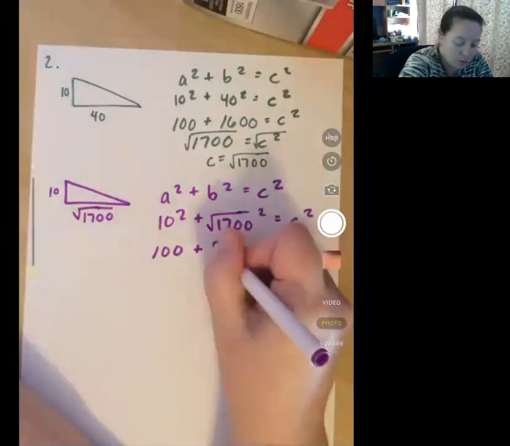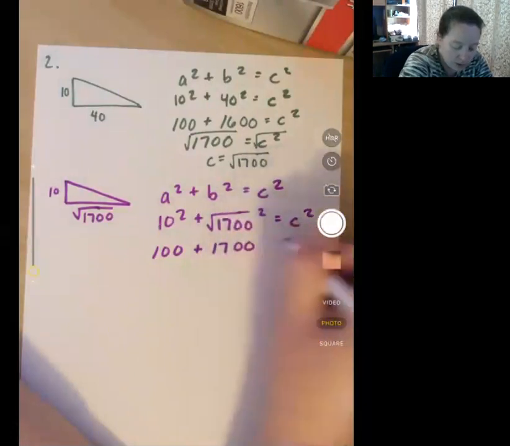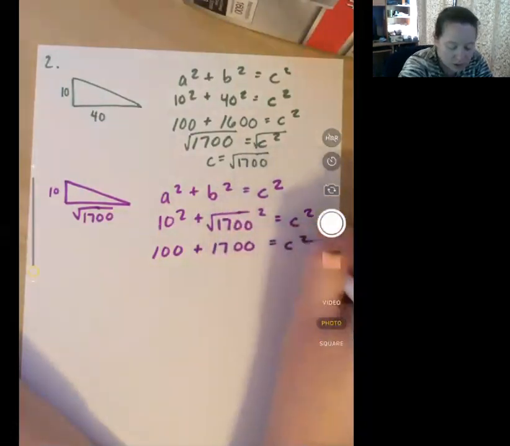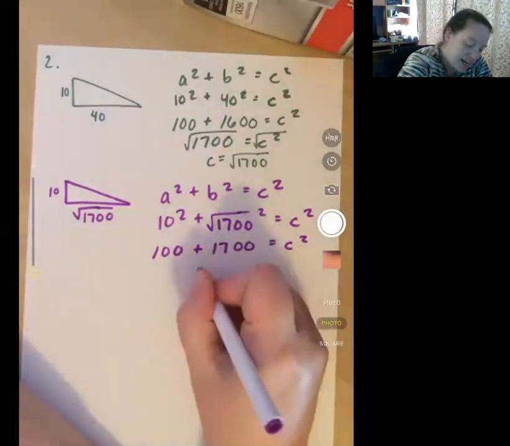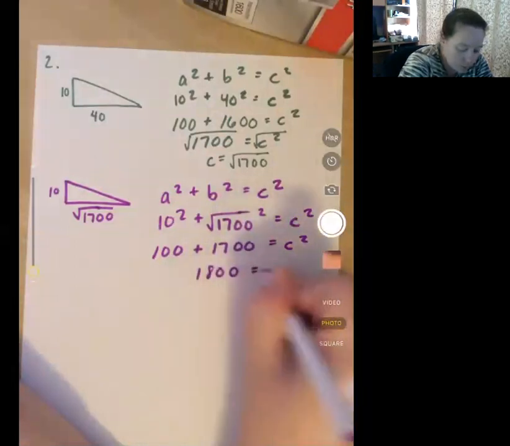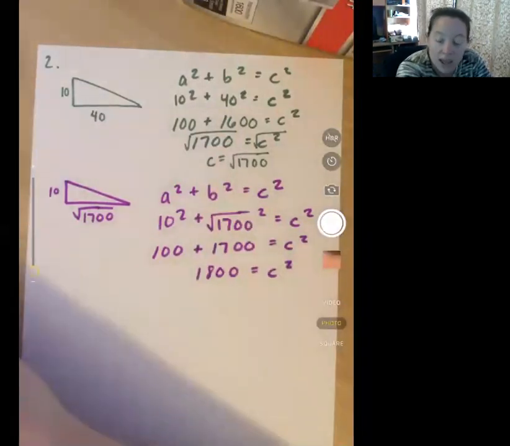So we are just left with 1700 is equal to c squared. 100 plus 1700 gives us 1800, which is c squared. I now need to do a square root to get rid of the square.